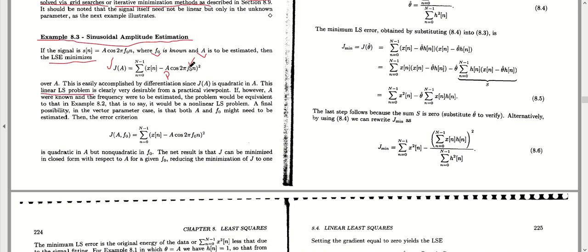Well, have we talked about trigonometric functions as nonlinear functions?